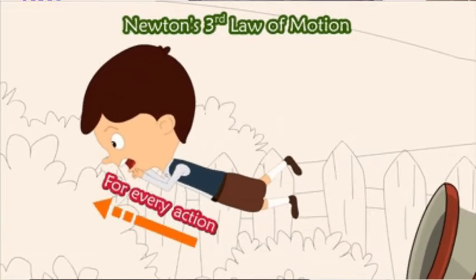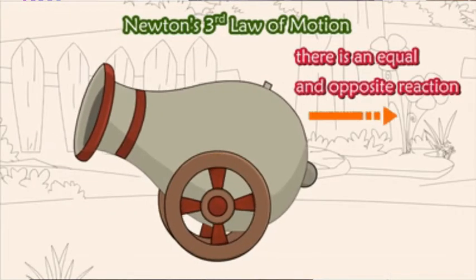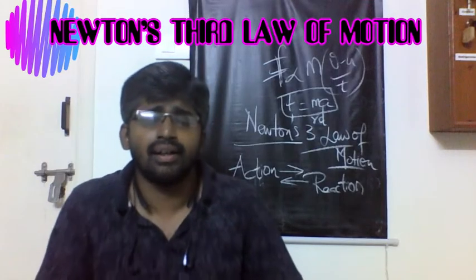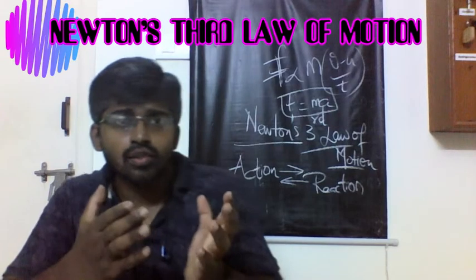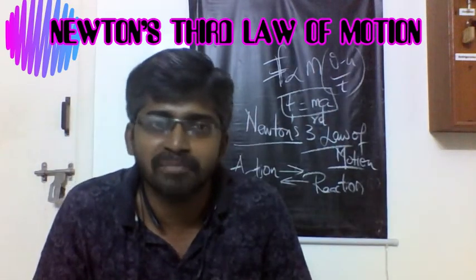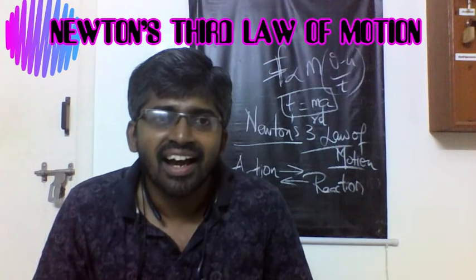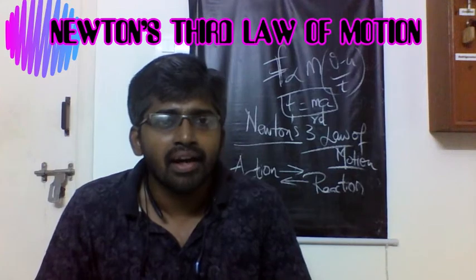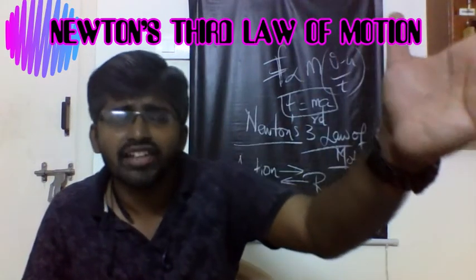Now, when I say equal and opposite, why is the gun not moving at the same speed as that of the bullet? You might ask this question, no? The bullet is moving at very high speed.